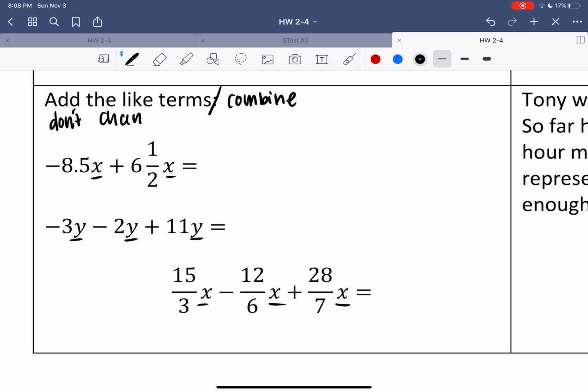Don't change any signs. So it's going to be negative 8.5 plus 6.5, or you could rewrite that as 6.5x. So you're going to want to make sure to pay attention to your signs in each of these.